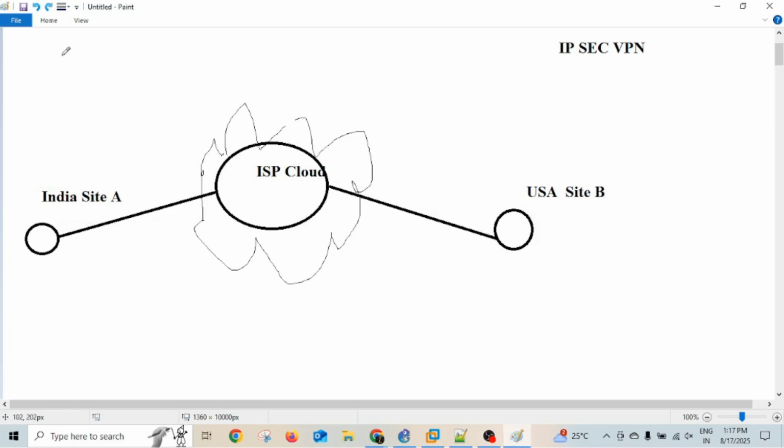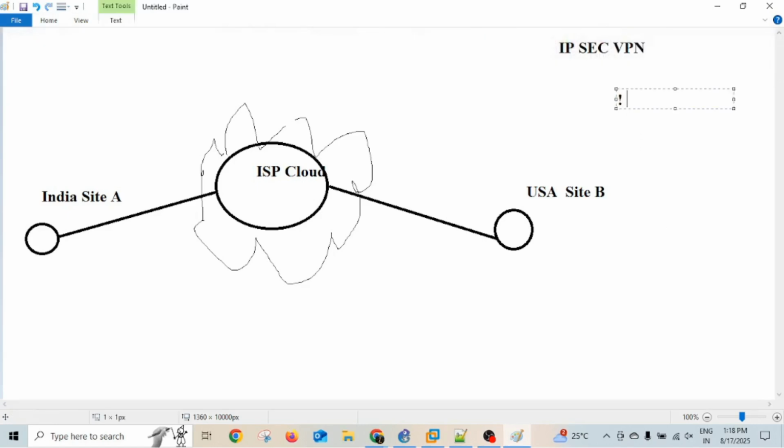IPsec VPN has three stages. One is IKE phase 1 and phase 2, and another is the data transfer. IKE phase 1 establishes the Internet Key Exchange.